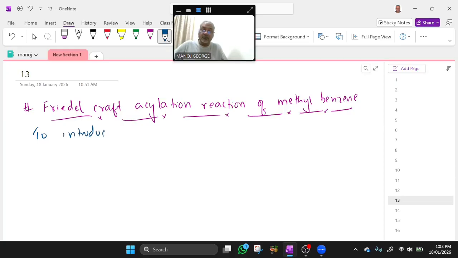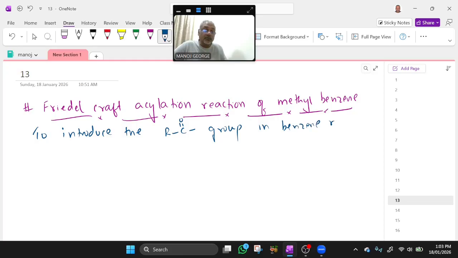Do you remember what goes onto the benzene ring? When it comes to Friedel-Crafts alkylation, you learned that the R group goes onto the benzene ring. So what happens in acylation? What group goes onto the benzene ring? You have to use your benzene knowledge to introduce the RCO, the carbonyl group. Yes, to introduce the RCO group in the benzene ring. So that's the story.